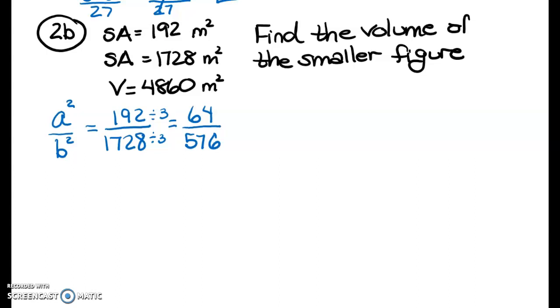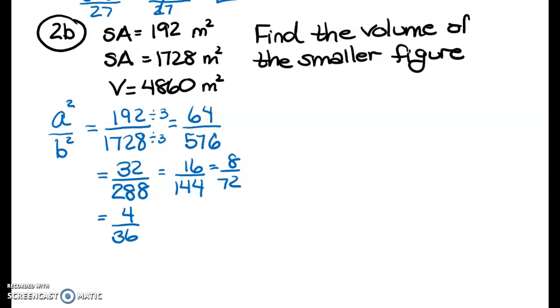Well, I know that these are even numbers, so I get 32 when I divide by 2 over, let's see, 288. These are also even numbers, so I'm going to divide by 2 again and again. And I finally know that 4 goes into 36 9 times.